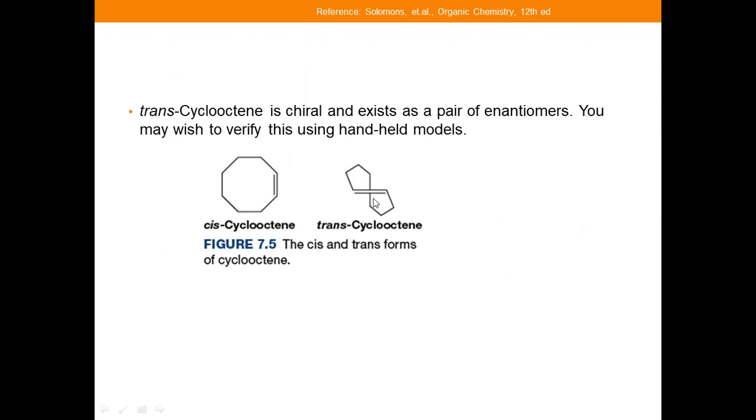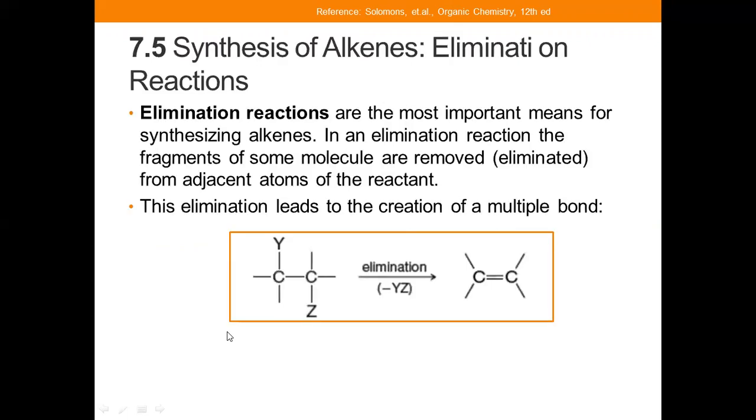So this is your cis, and it's also possible to have a trans. For the rest, fewer than cycloheptene, cyclohexene and smaller, they are not stable as the trans isomer. So the first cycloalkene that you could find having cis and trans stereoisomers starts with cycloheptene.